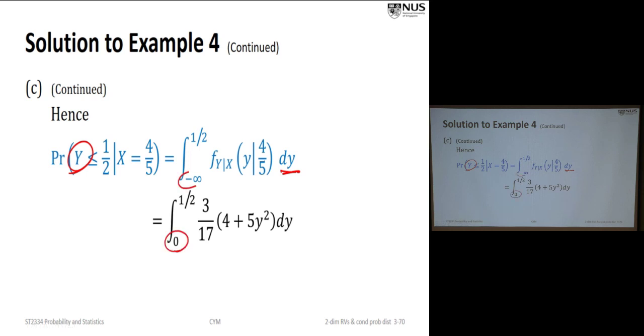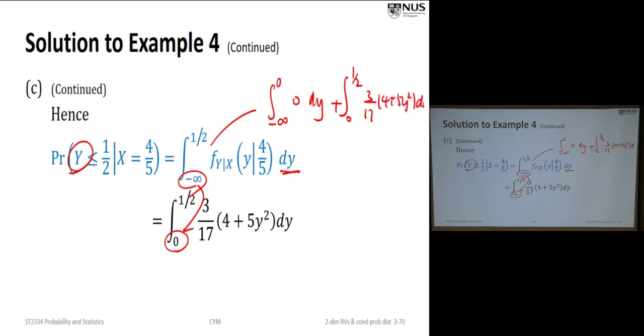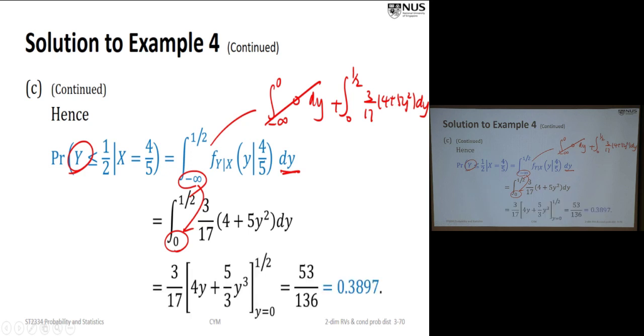Suddenly this one changes to 0. Why? Because I break this integration into two parts, from minus infinity to 0, and the other from 0 to half of 3/17 times (4 plus 5y squared) dy. So the first part is 0. All right, so the answer is 0.3897.